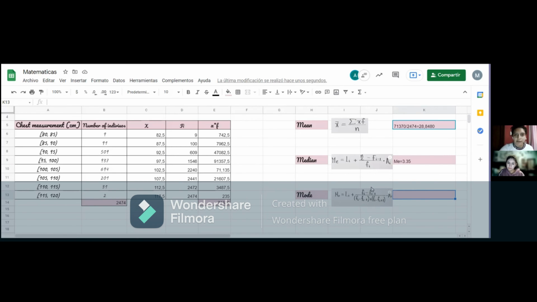We replace in the formula and we will have 95 plus 937 minus 509 divided by 937 minus 509 plus 937 minus 694, multiplied by 5, and the result is equal to 98.15.